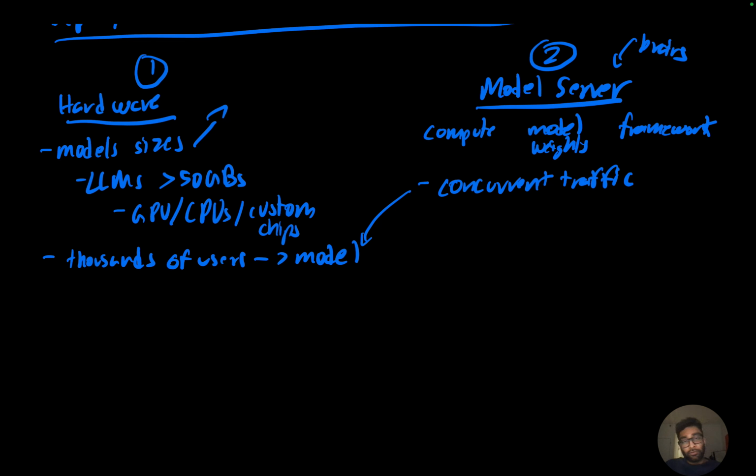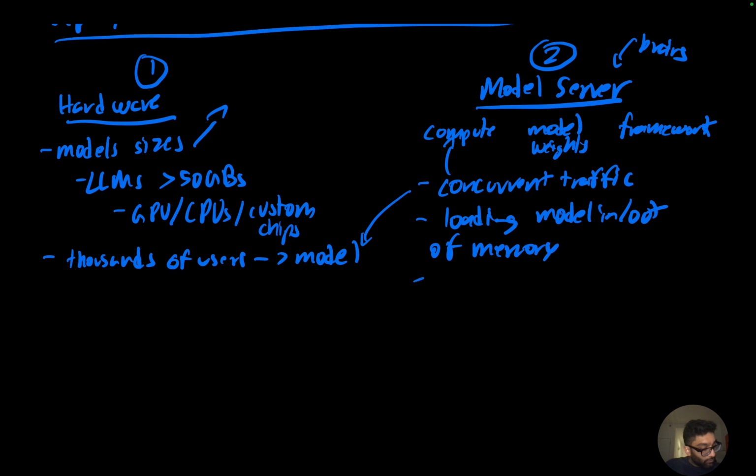But model servers give you the capability of handling concurrent requests hitting your models, because you can tune the worker count that your model has at the model server level itself. And the reason we're able to do this is the model server has knowledge of the compute that we have. The model server also helps with other things such as loading the model in and out of memory. So it takes care of operations such as that.